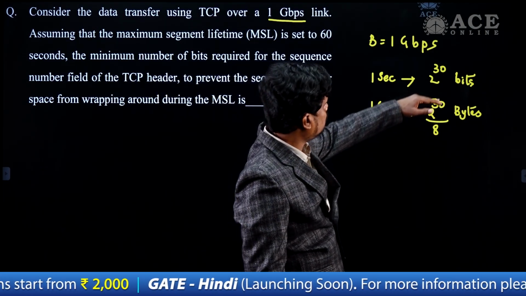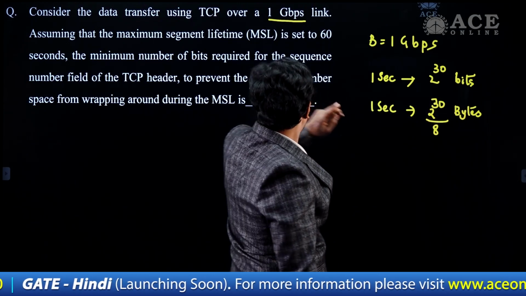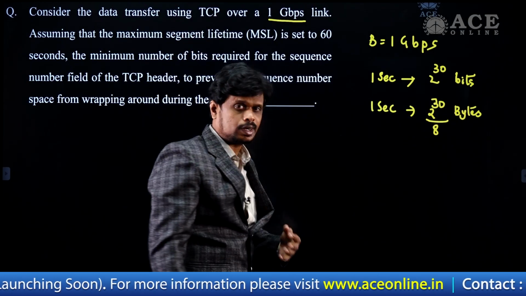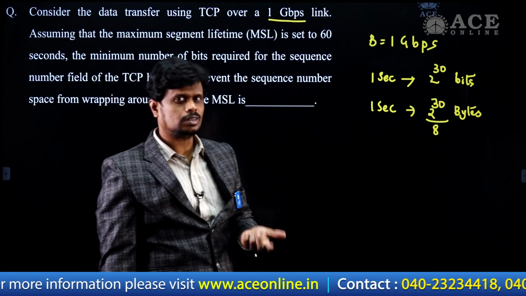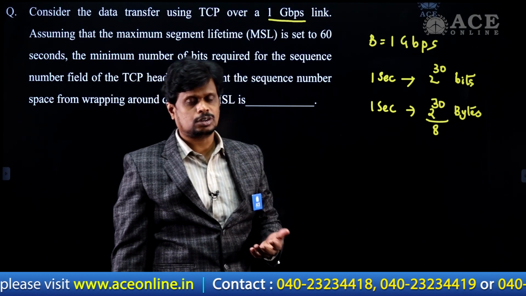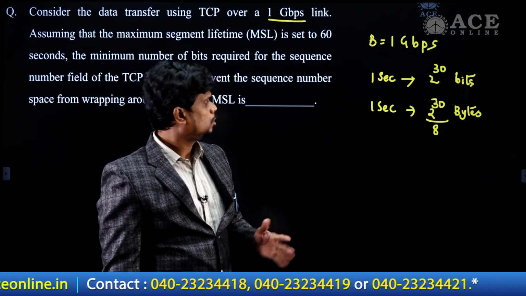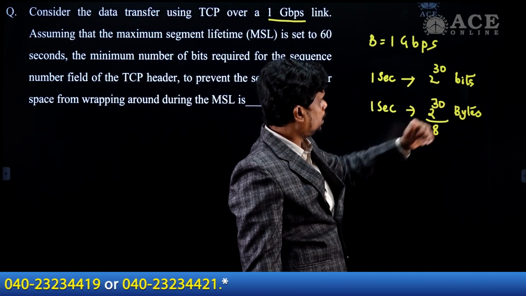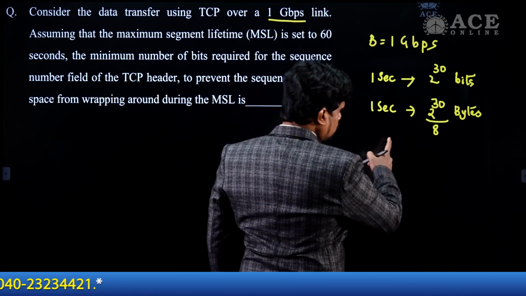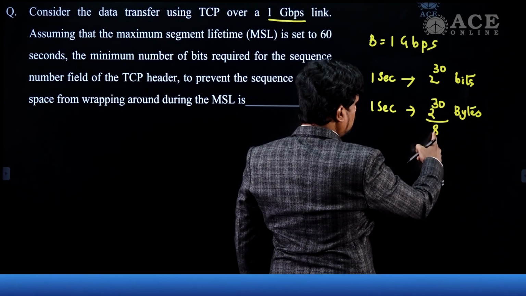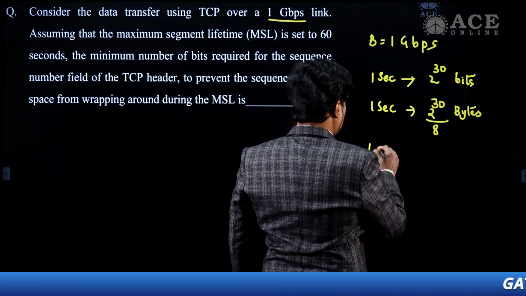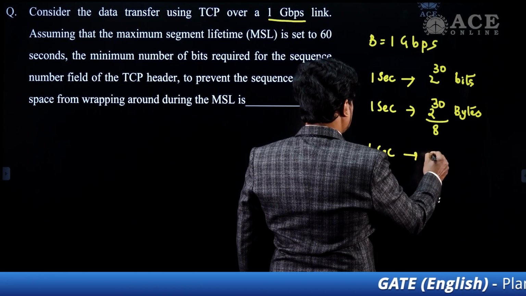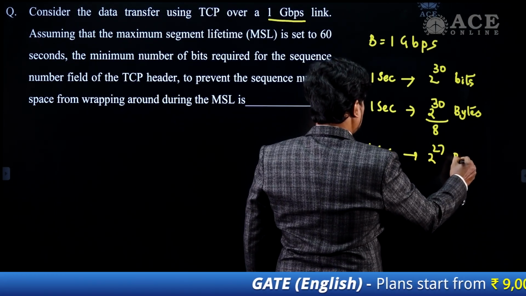So why are we converting these bits into bytes? Because TCP is a byte oriented protocol, meaning it assigns a sequence number to each and every byte of the segment. That is why we are converting these bits into bytes here. So within 1 second we have 2 to the power of 30 by 8 bytes, which means 2 to the power of 27 bytes.